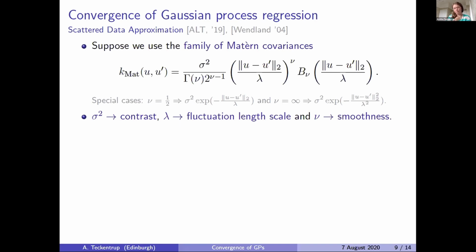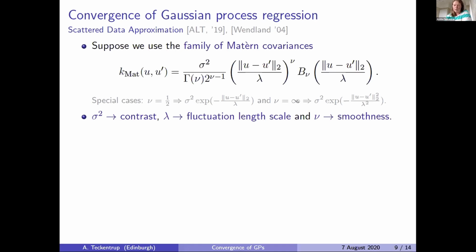It does simplify a little bit for specific choices of nu. In particular, if you have the smoothness nu equal to 1/2, then you get functions which are Hölder continuous with exponent 1/2. It simplifies to just this exponential function, where you have the sigma squared and the lambda. You might recognize this as the covariance function of the Ornstein-Uhlenbeck process, if you're familiar with that.